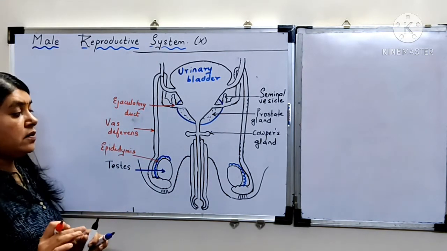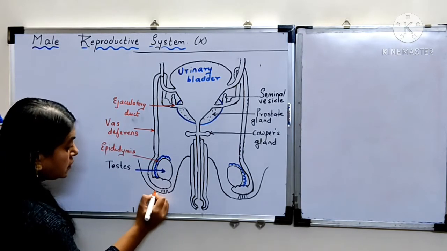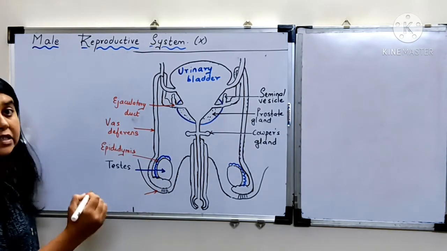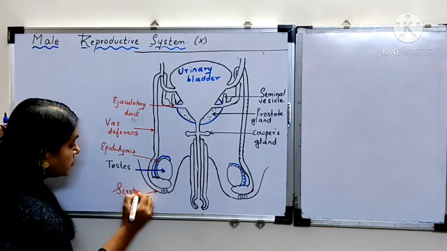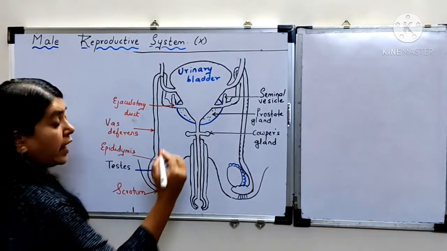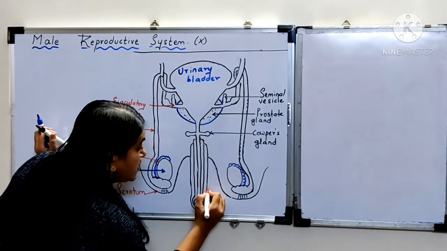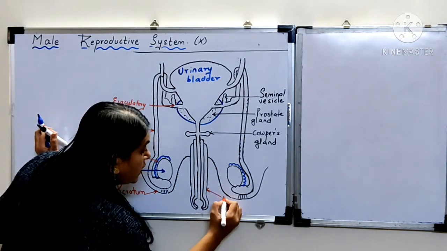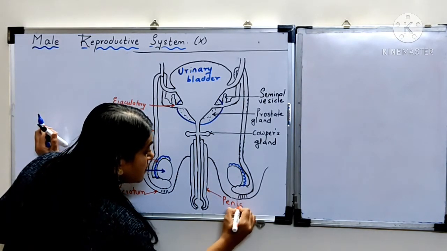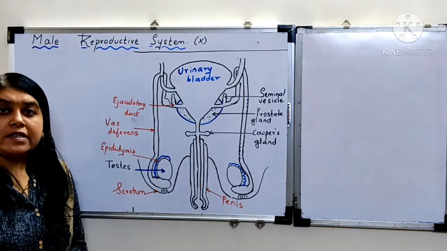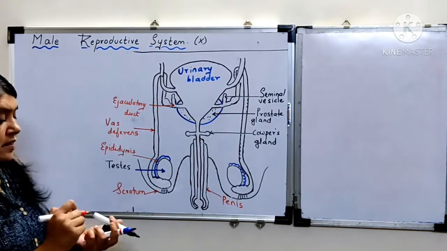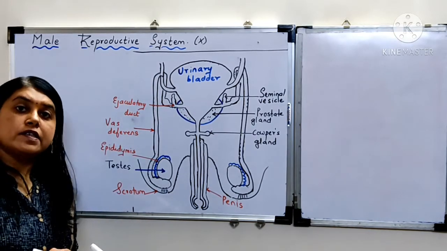Alright, and this part in which the testes are present is called the scrotum. And the pendulous organ which is hanging is called the penis. Yes, so these are the different parts of the reproductive system.